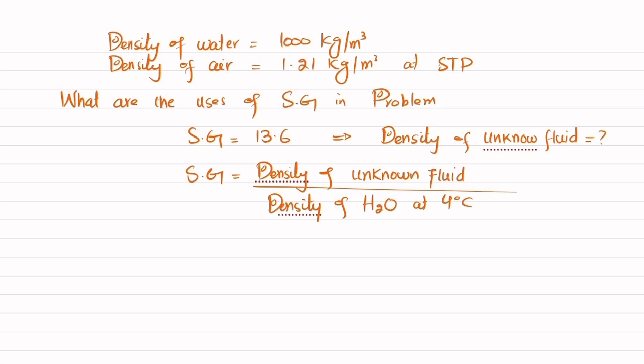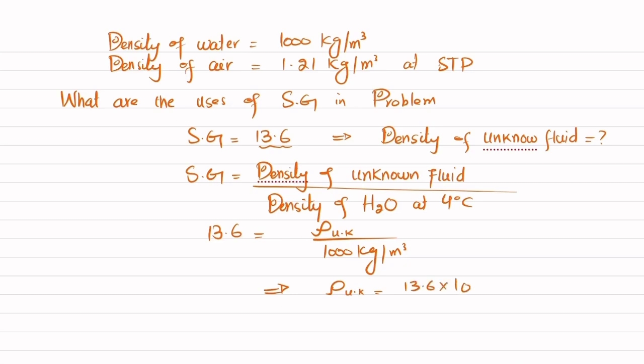Here we have been given specific gravity 13.6 equal to density of unknown fluid, clear, divided by density of water at 4 degree centigrade, which is 1000 kilogram per cubic meter.